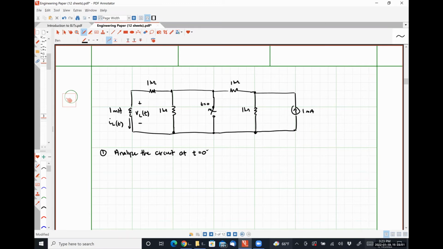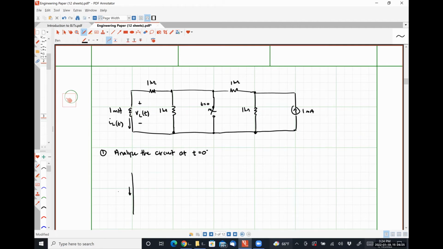So at T is equal to 0 minus, what should this look like? Let's start from left to right. What should our inductor look like at T is equal to 0 minus? A short circuit, because T is equal to 0 minus always represents a DC steady state condition. So we should be replacing our inductor with its DC steady state equivalent, which is a short circuit. So here is our inductor.